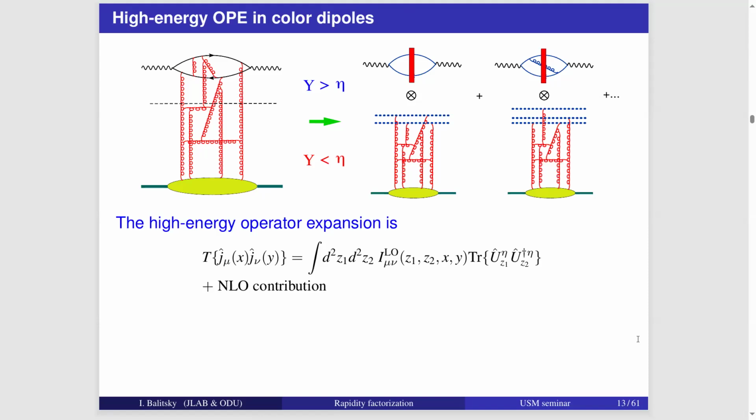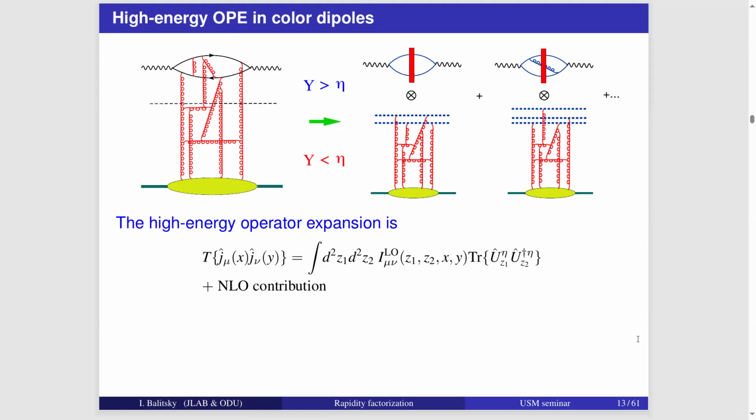Returning to the description of differential scattering, after factorization we have the following picture. As I explained, these two quarks see the target as a pancake or shockwave. In the leading order, they are just the propagators here, multiplied by what we see down here, the Wilson line operators.